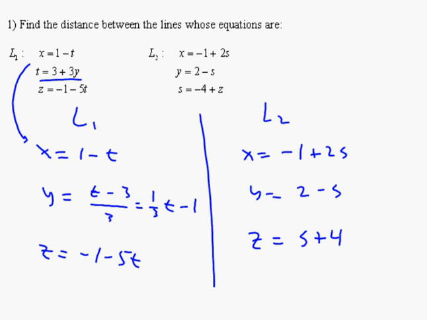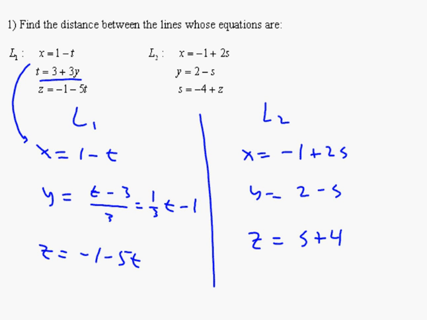The key to getting this question right is understanding the following idea. You need to think of these two lines, line 1 and line 2, as lying in two parallel planes. You need to have that realization.